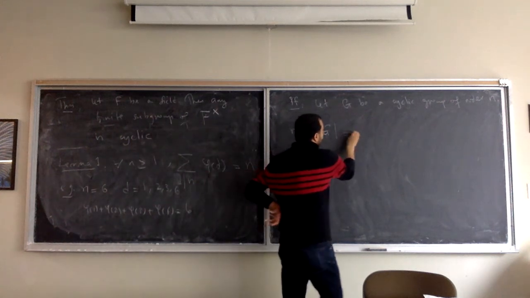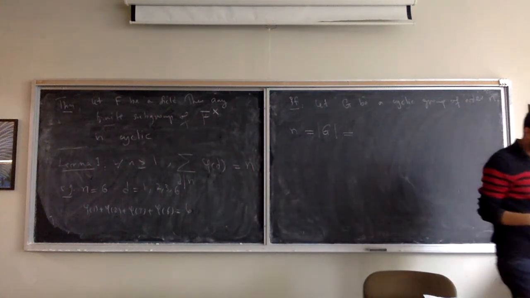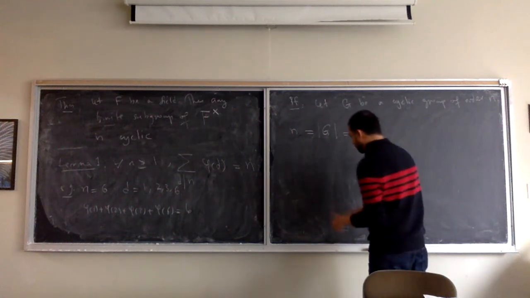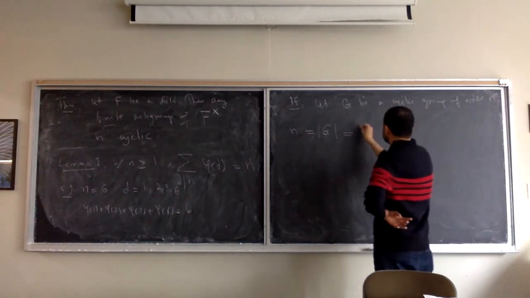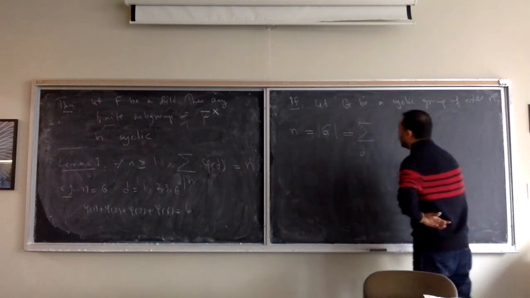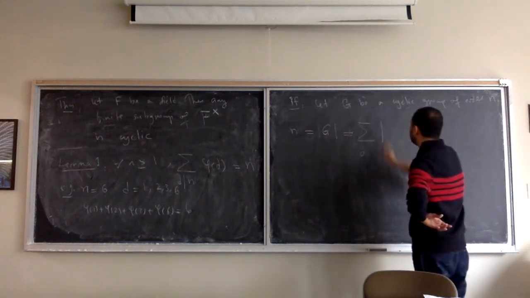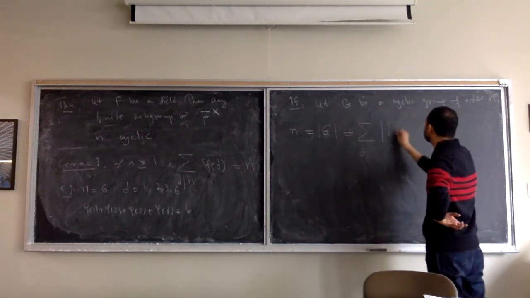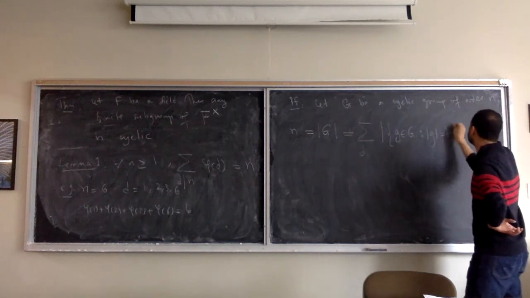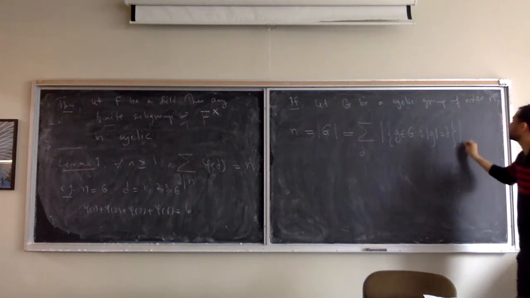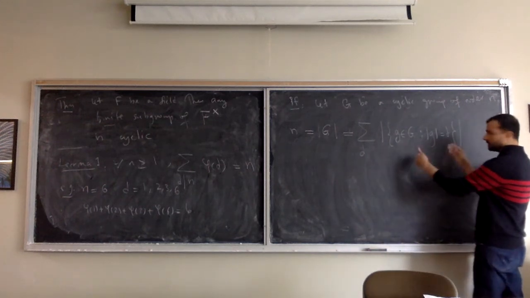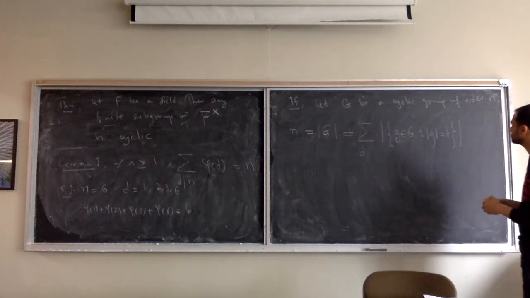Now, partition the elements of G based on their order. So put together all the elements that have the same order. I'm going to write this as the sum over all d of the number of elements of the following set: elements g of G such that the order of g is equal to d. So you partition the group G based on the order of the elements.